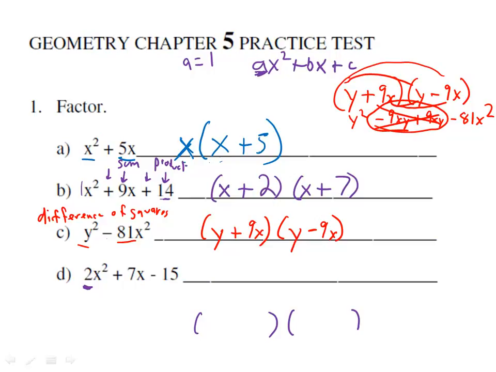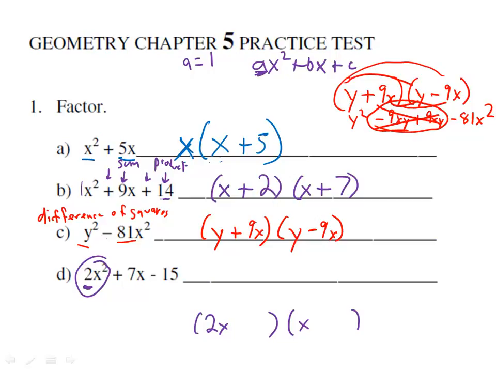So there aren't too many ways I can split up 2x squared. I know this first term always comes from the first step of FOIL, that is multiplying the first terms of each binomial together. Not too many ways you can split up 2x squared. You could do 2 times x squared. There are no other terms with x squared, so we split it up 2x and x.